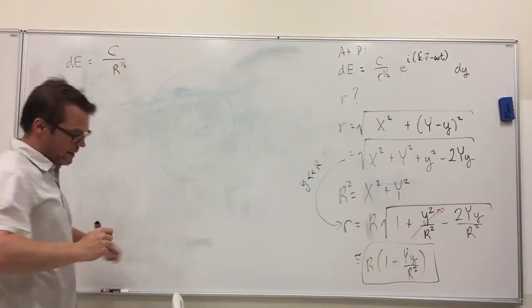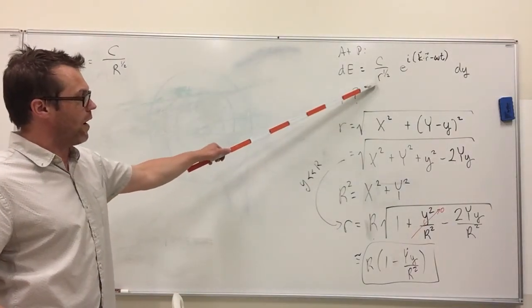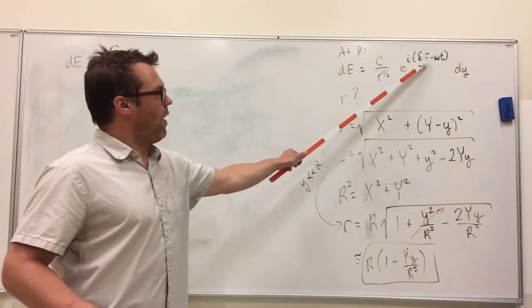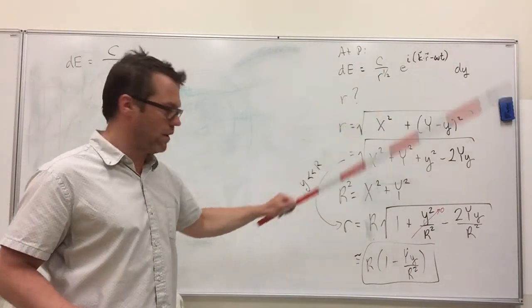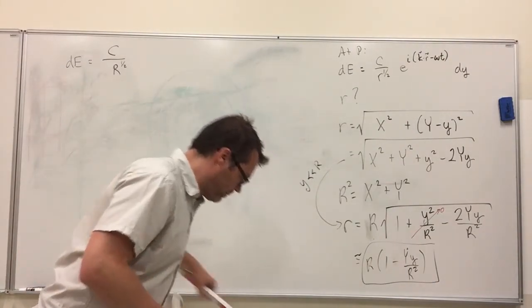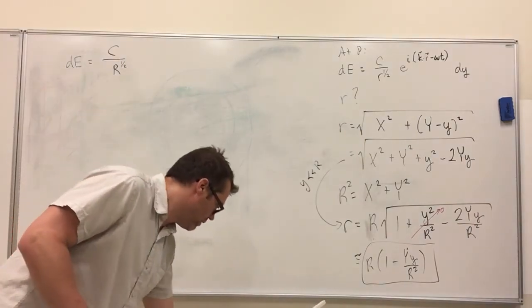So I can approximate this little r by just big R. But in the exponential I cannot be so cavalier, because k, the wave number, is a huge number.